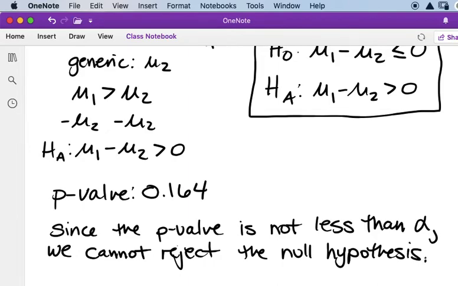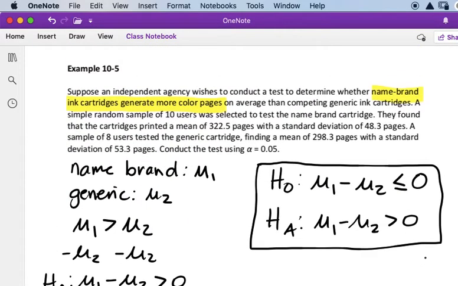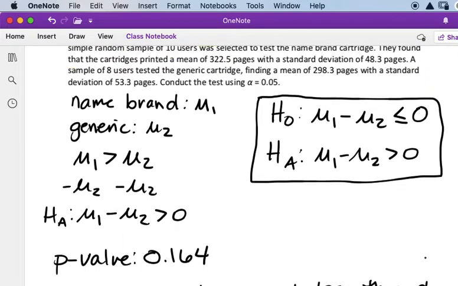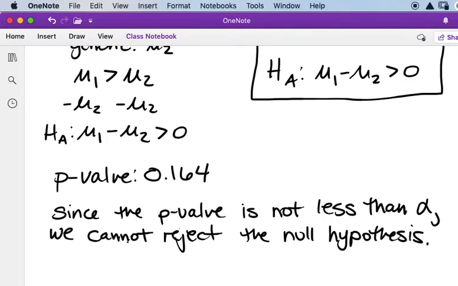And what this means in terms of our question is that we do not have evidence that the name brand cartridge generates more pages.